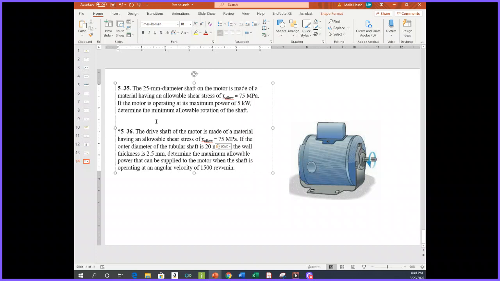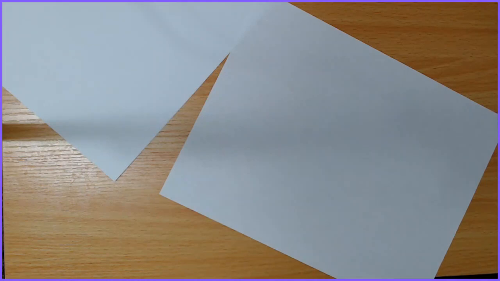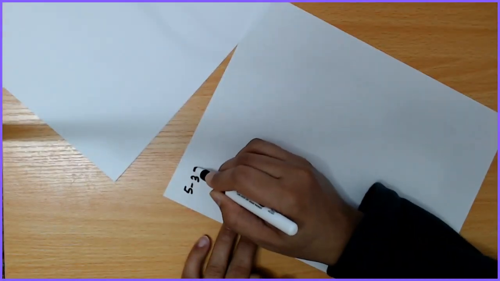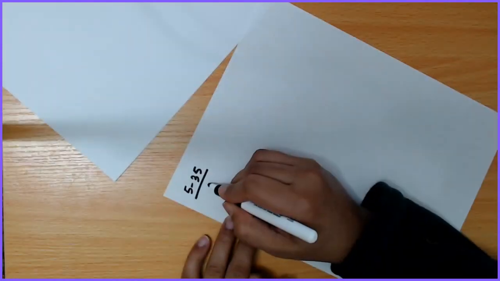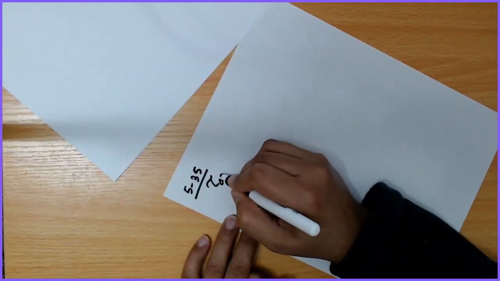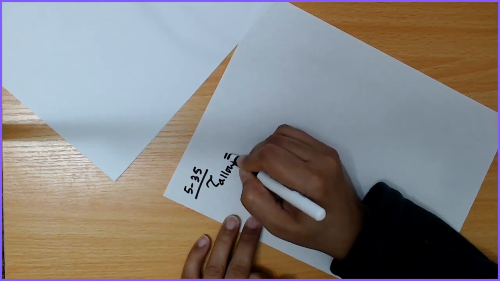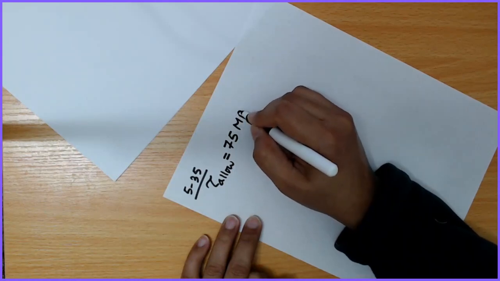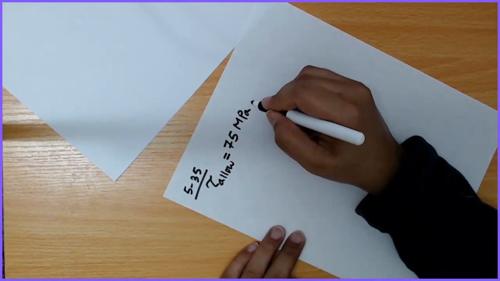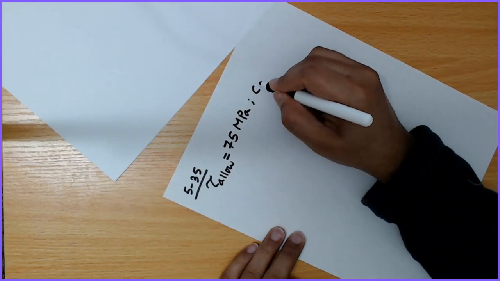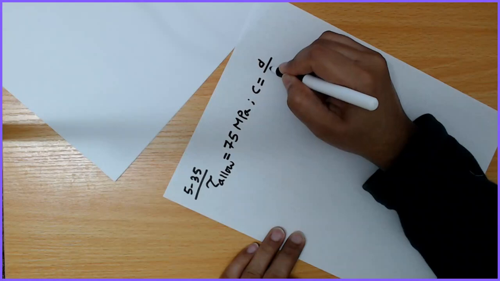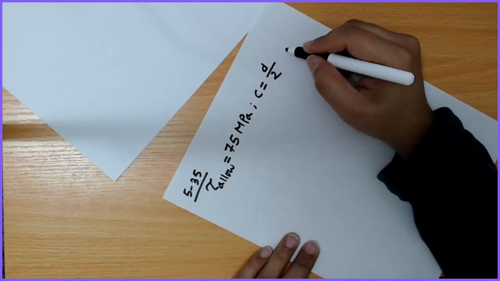So let's solve this problem. Given in 5-35: tau allowable is 75 megapascal, and C is D by 2.